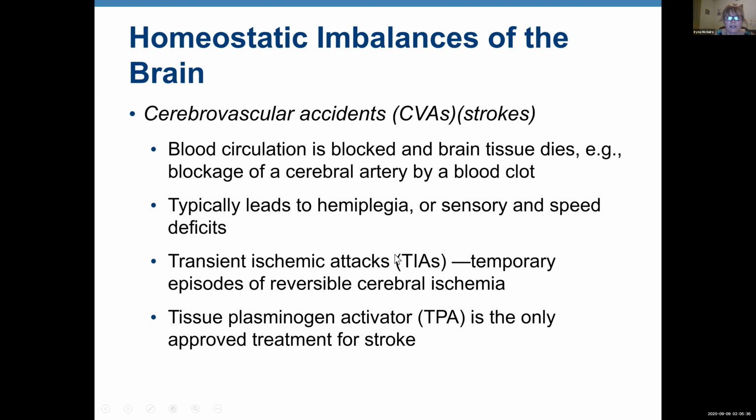So that's a smaller accident, and here we can have either just depletion of oxygen, which is what ischemia is, or even if some part of the brain dies, it's usually a very small area. So we might have the same symptoms, but they usually go away.